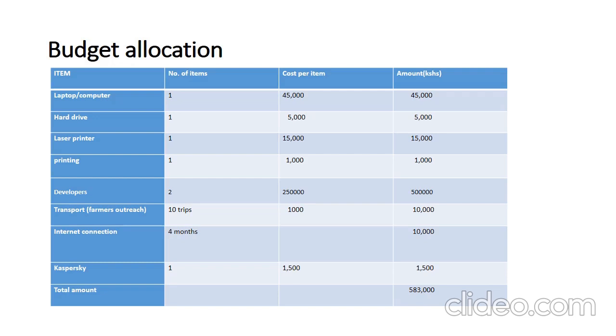We need internet connection for the period of 4 months, and it will be totaling to 10,000. We need an antivirus, that is Kaspersky. It will be costing us 1,500, and the total estimated amount for the whole project will be 583,000 Kenya shillings.